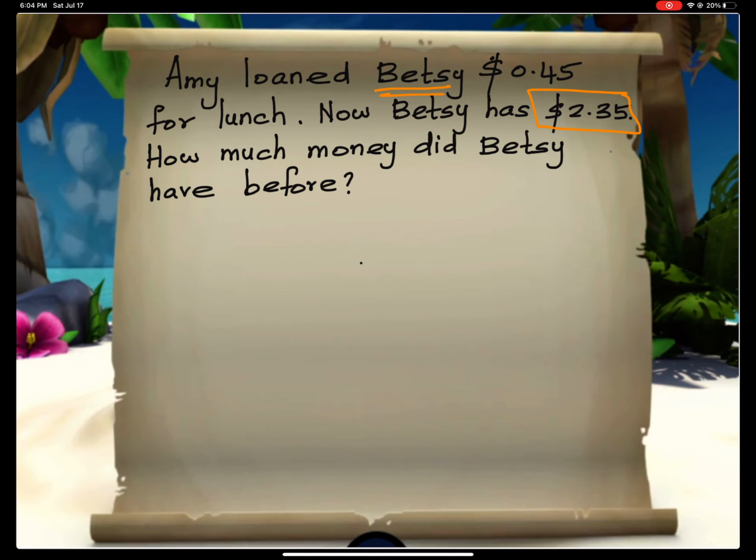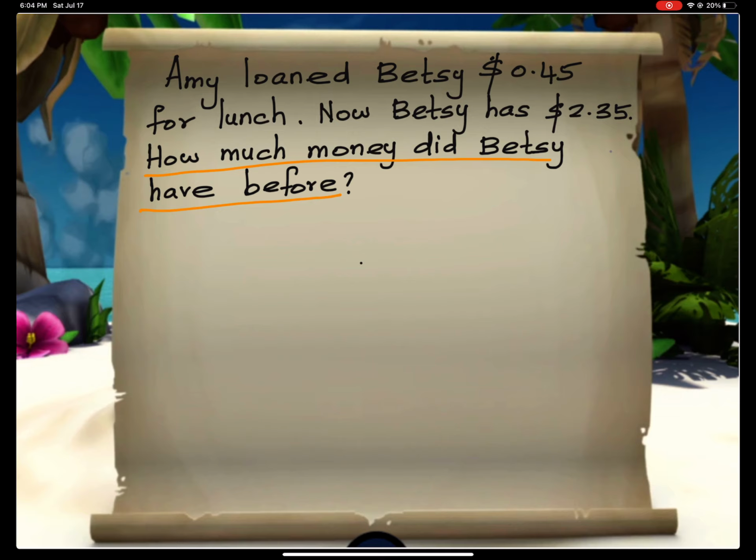This $2.35 that Betsy has is inclusive of the money that Amy gave. So what we have to find here is, how much money did Betsy have before?